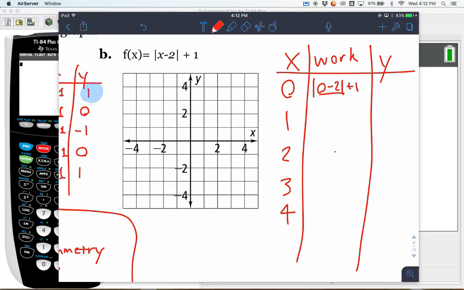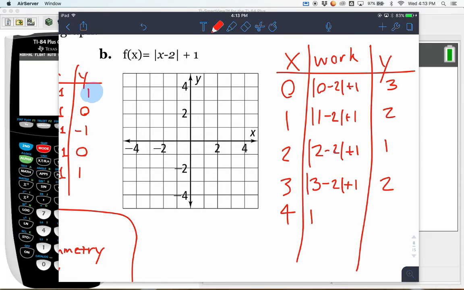So that'd be +2 inside the bars, and then +2 plus 1 will be 3. Okay, next one here, we're going to go 1 -2, and then +1. So that'll get us -1 inside the bars. That'll turn to positive, so that'll be +1 plus 1, that'll be 2. Okay, we're going to go 2 -2 inside the bars, which will get us 0. 0 plus 1 should be 1. We're going to go 3 -2 inside the bars, which will get us 1, and then 1 plus 1 should get us back to 2.